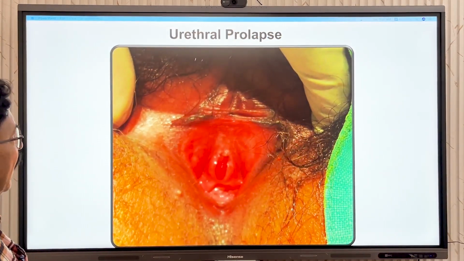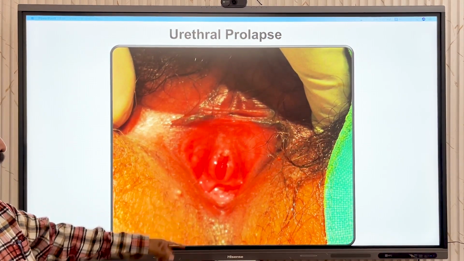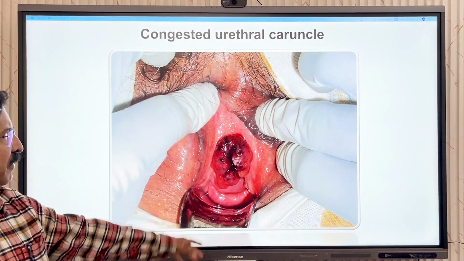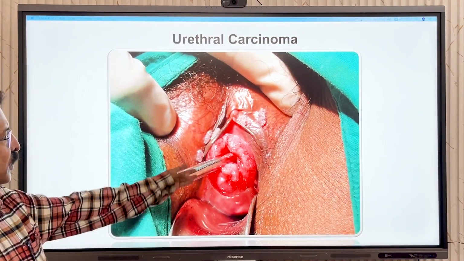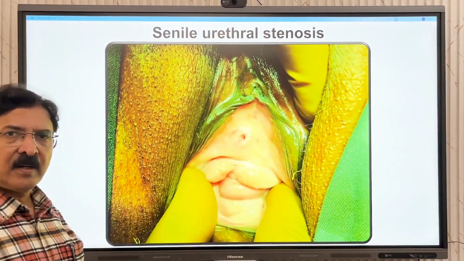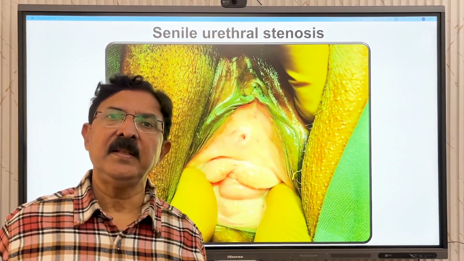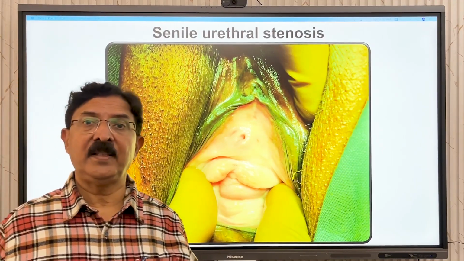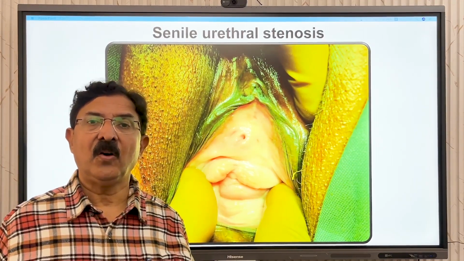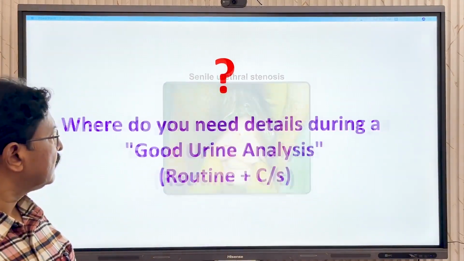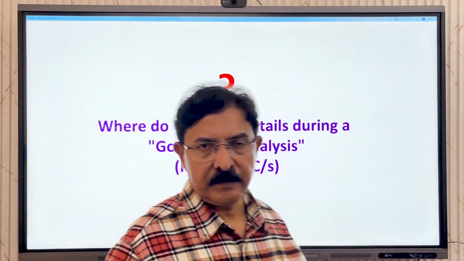Or when you examine her urethral orifice, you may see a urethral carbuncle, you may see a urethral carcinoma, you may see a senile urethral stenosis. So what is this? Unless you examine the urethral orifice of this patient, you would not know whether she is actually having UTI, or if having UTI, what is the predisposing factor. So this is about examination.